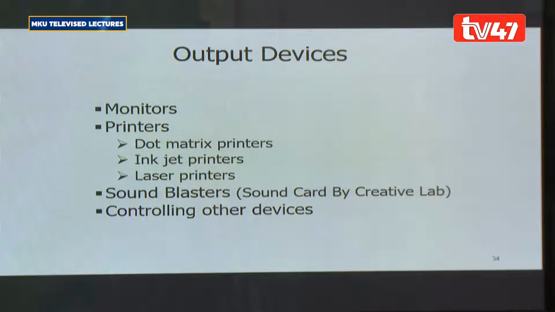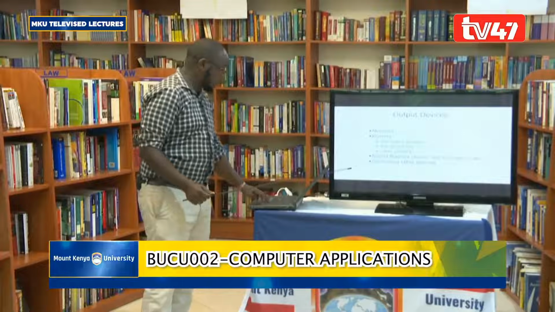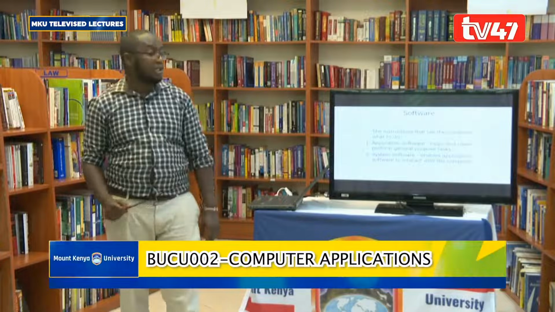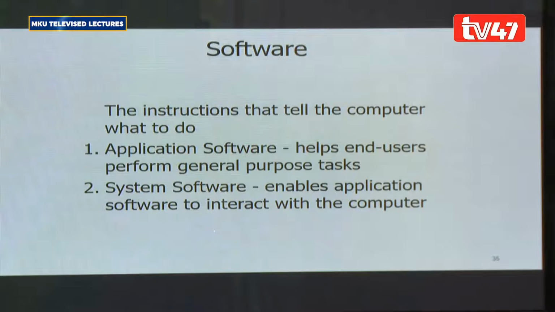So the next thing that we want to move on to is a very important bit of computer software. So what is computer software? Another name for computer software is a program. So the words software and program mean one and the same thing.